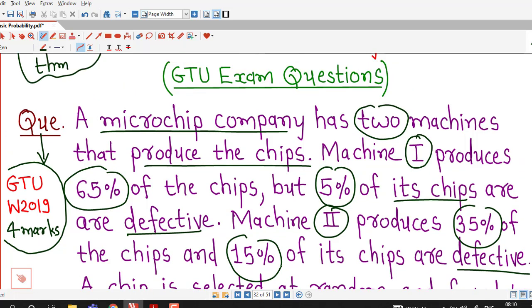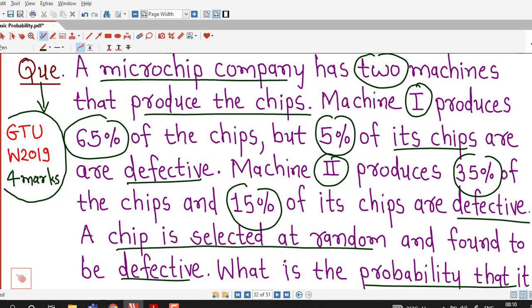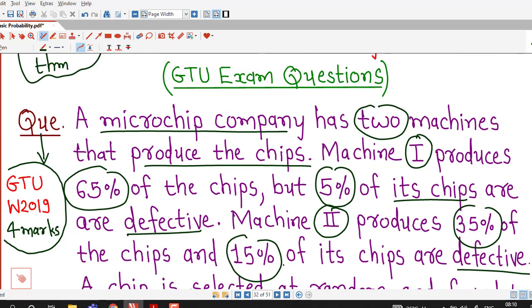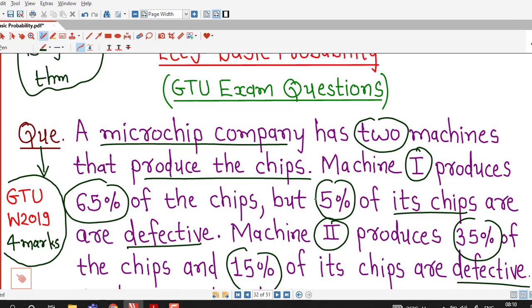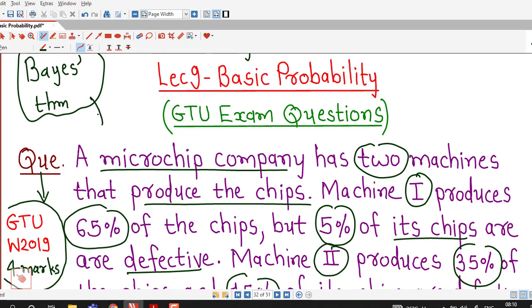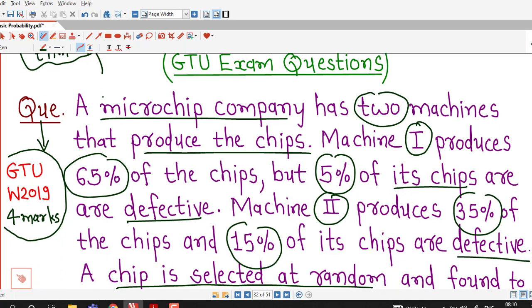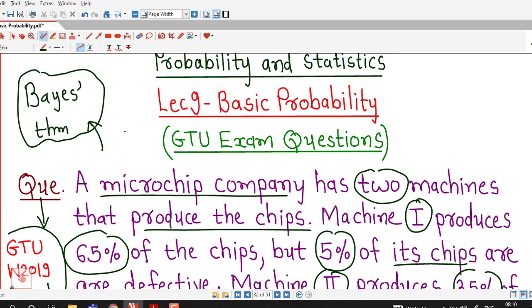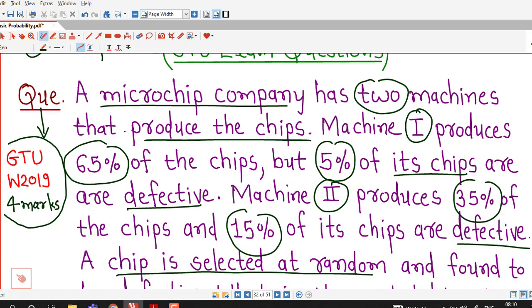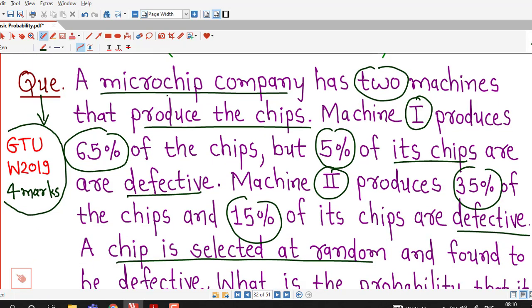First we have to write down all these things in the appropriate way so that we can apply Bayes theorem. We have to decide what the mutually exclusive and exhaustive events are. Here a microchip company has two machines.